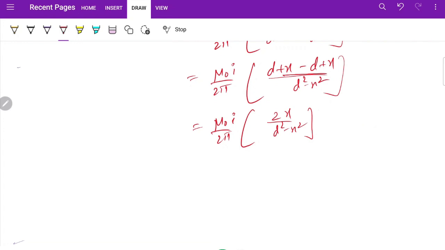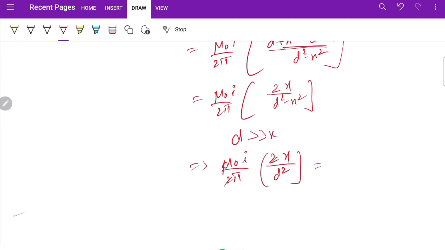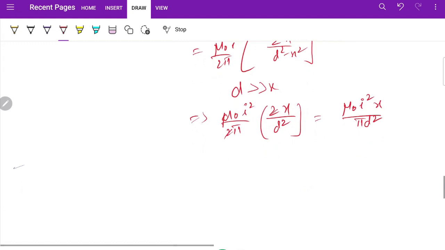As d is very much higher than x, I can neglect the x square term. So mu naught I by 2 pi into 2x by d square. Here the 2 gets cancelled. So finally we will be left with mu naught I square x by pi d square. So this is the net force acting on the conductor B.